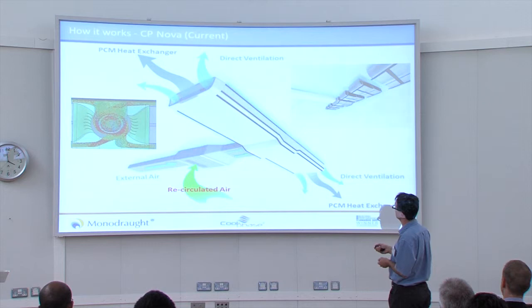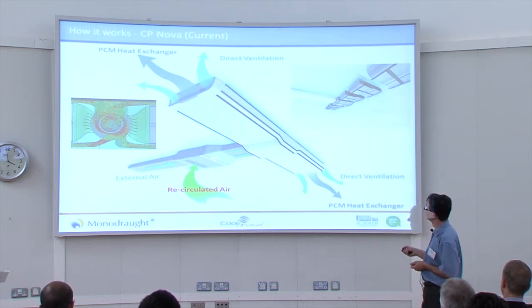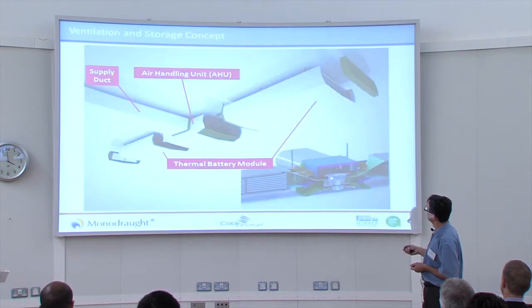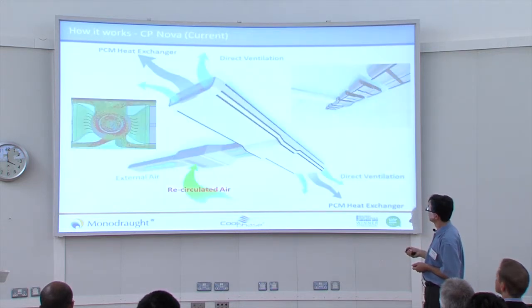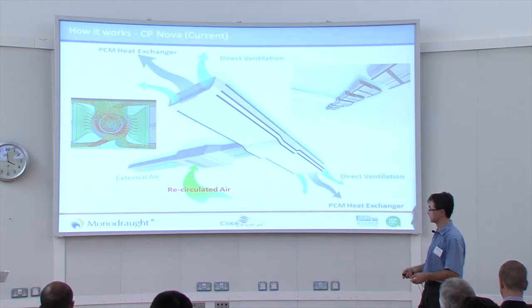We separated the recirculation module. Previously it was at the side of the air handling unit. Now we can move away from the central unit. This way we can have a better air distribution in the space.